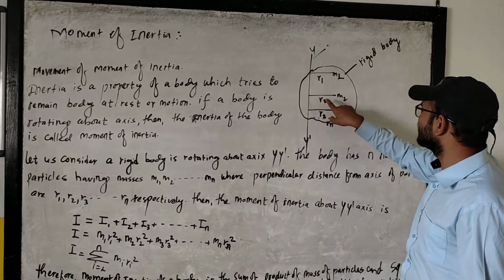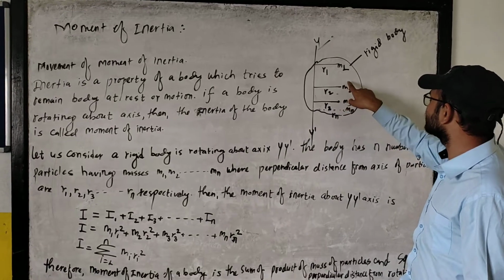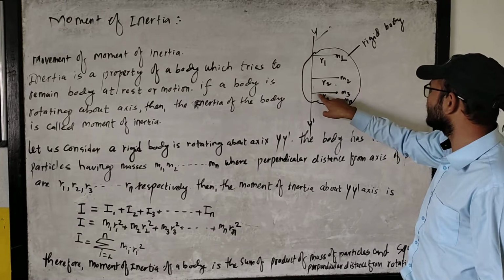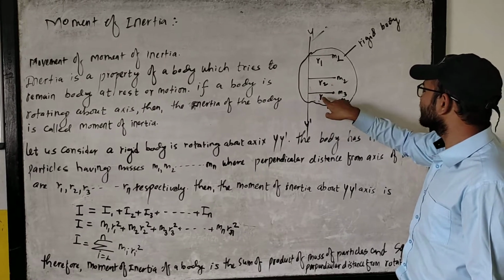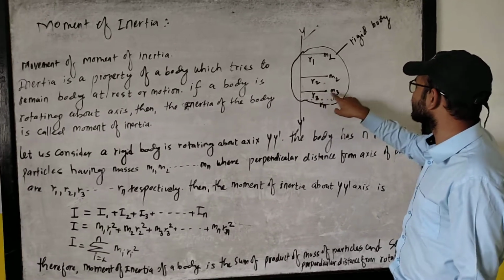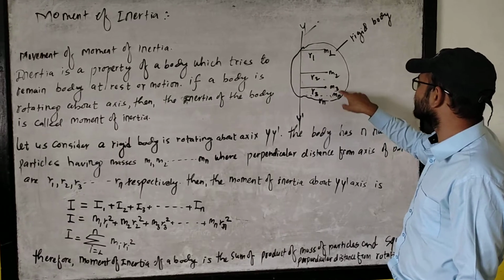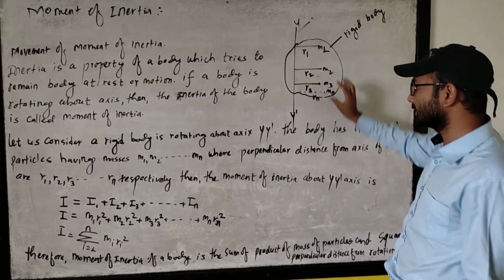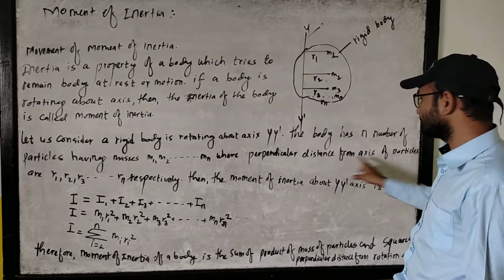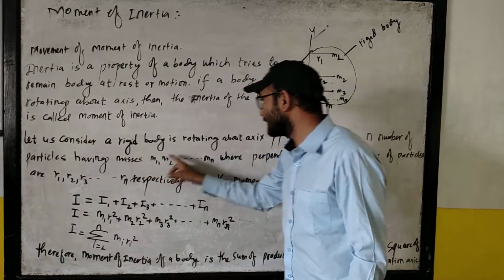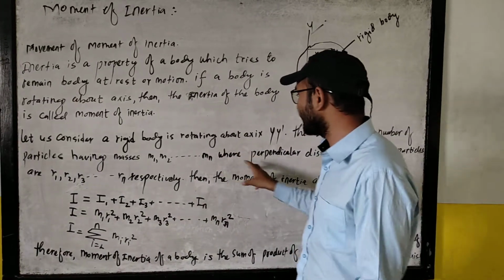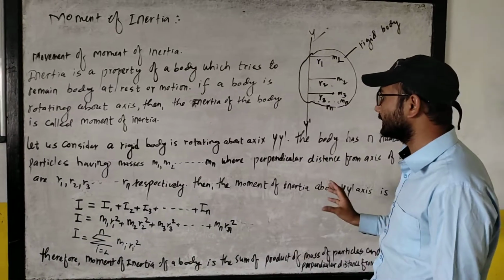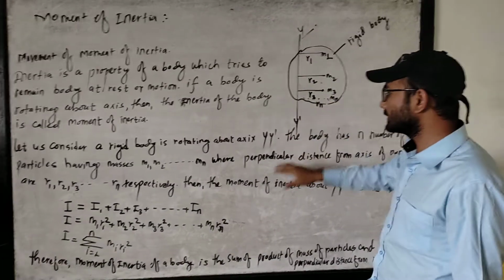The m2 particle is at r2 perpendicular distance from the axis of rotation. Likewise, the m3 mass is at r3 perpendicular distance. There are many masses, that means particles, in it. I have written these perpendicular distances r1, r2, r3, rn for masses m1, m2, m3, mn from the axis of rotation.